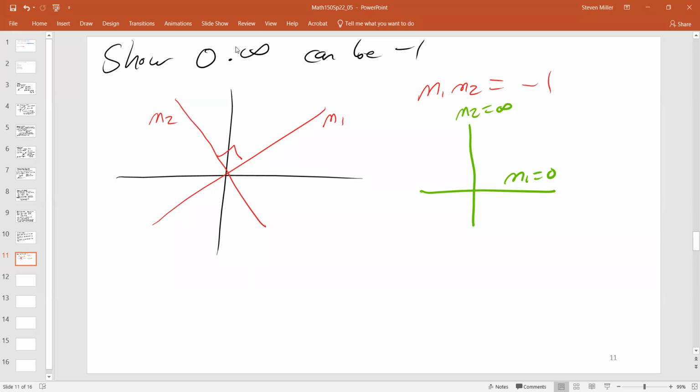So if you take two lines like this, the product of their slopes is -1 everywhere, except for these places where it's undefined.